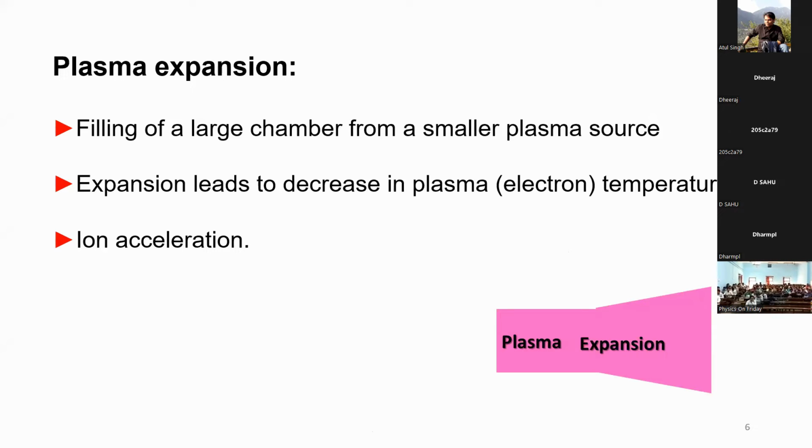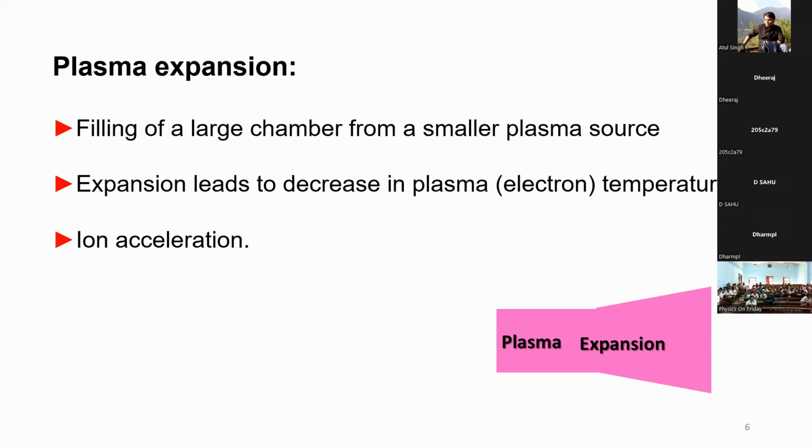After creating the plasma there, we allow it to expand into a bigger volume. This is the highlight of this work: you can expand it from a smaller volume to a large volume, and the expansion ratio can be controlled. When the expansion happens, it leads to a decrease in the electron temperature.